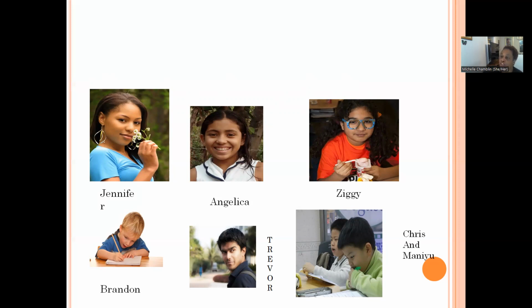What I am going to do is read the name of each student and tell you their placement. You are going to write numbers 1 to 6. Number 1, the student who is in the least restrictive environment, all the way to number 6, the student who is in the most restrictive.